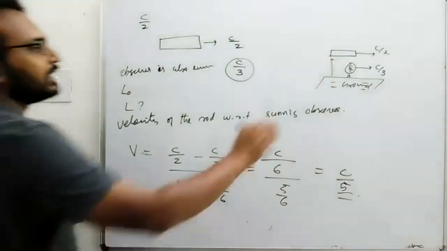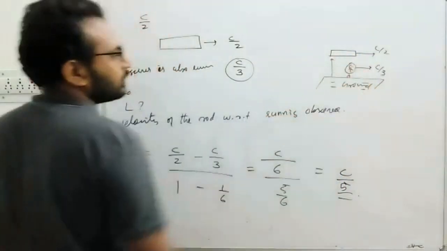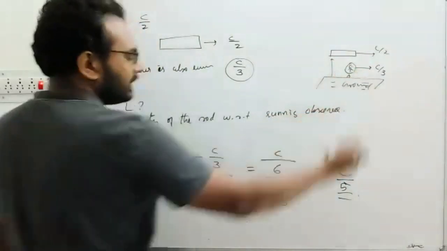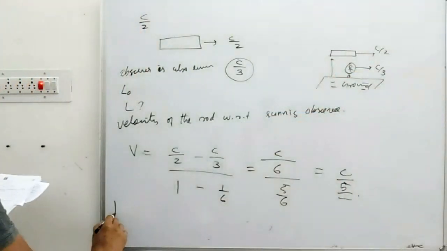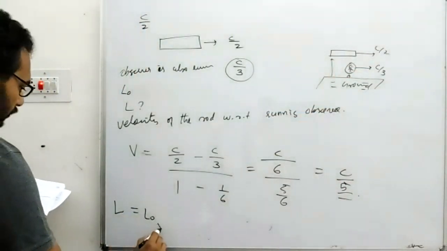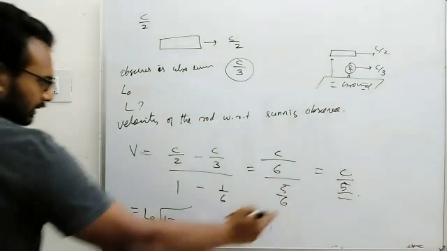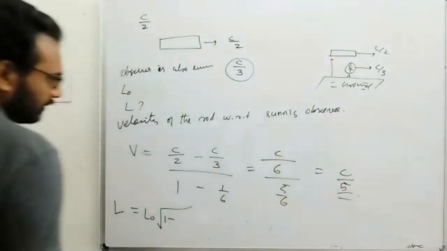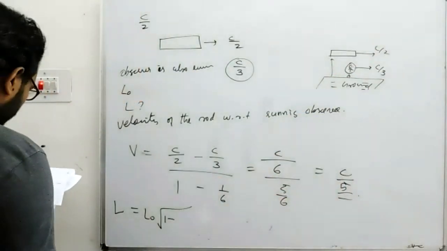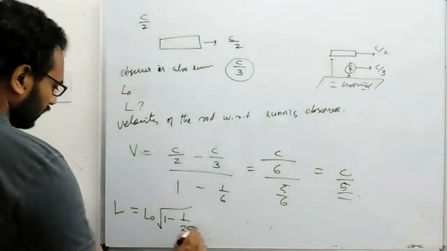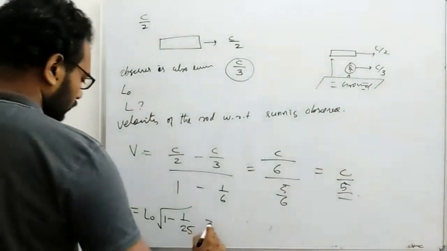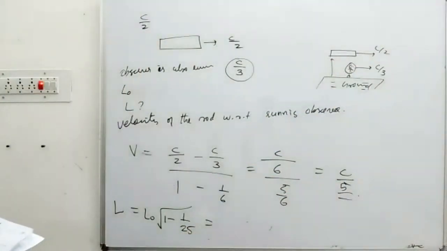Now you know the velocity at which this rod is moving with respect to this observer. So what's the length measured by this observer? L is equal to L0 square root of 1 minus V square by C square. So it would be C square by 25 divided by C square, so it's 1 by 25.